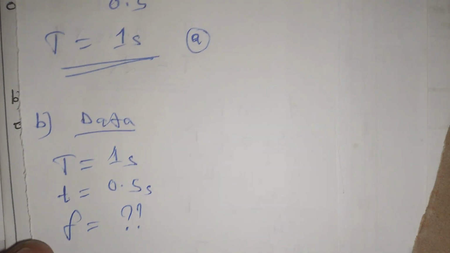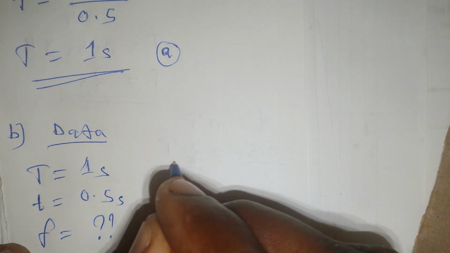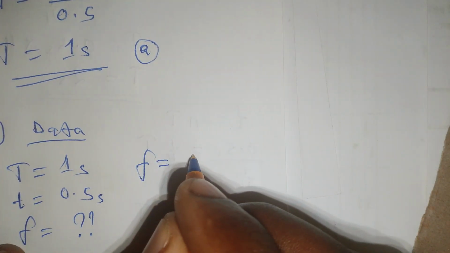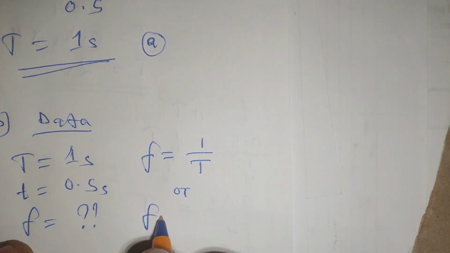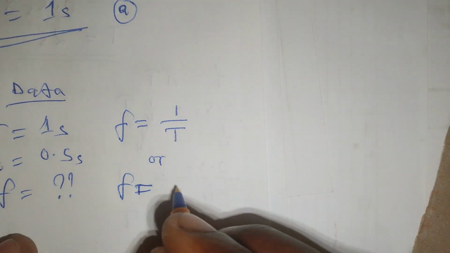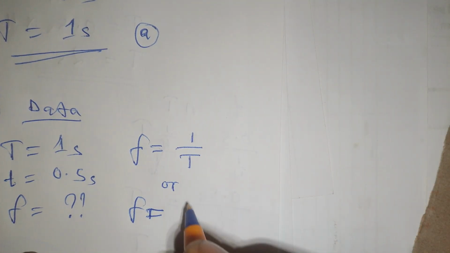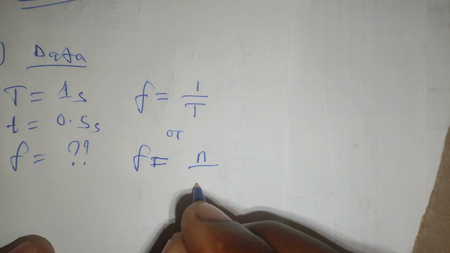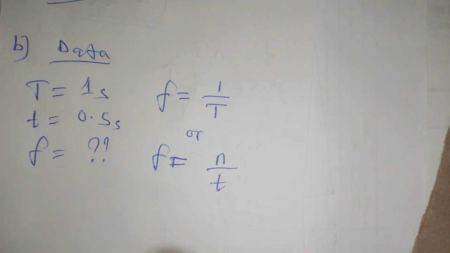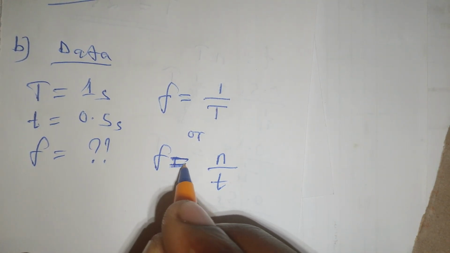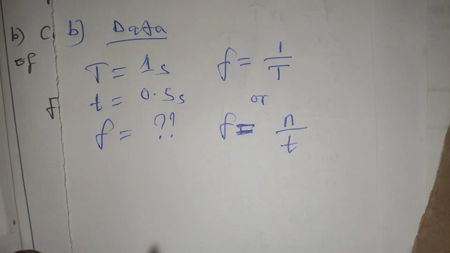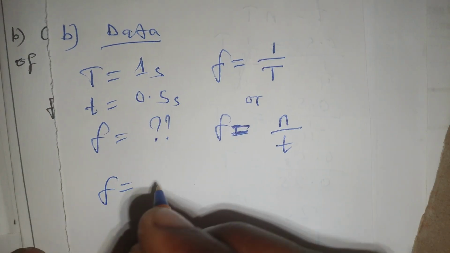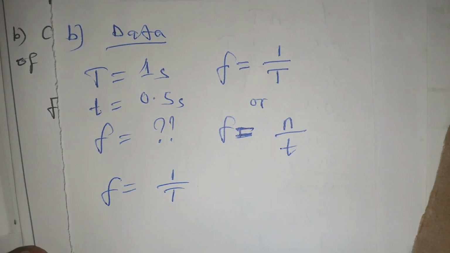So you know that frequency is equal to 1 over period, or frequency is equal to n over time. These are two formulas for frequency. This is the equal sign. So we can use the first one, frequency is equal to 1 over period.